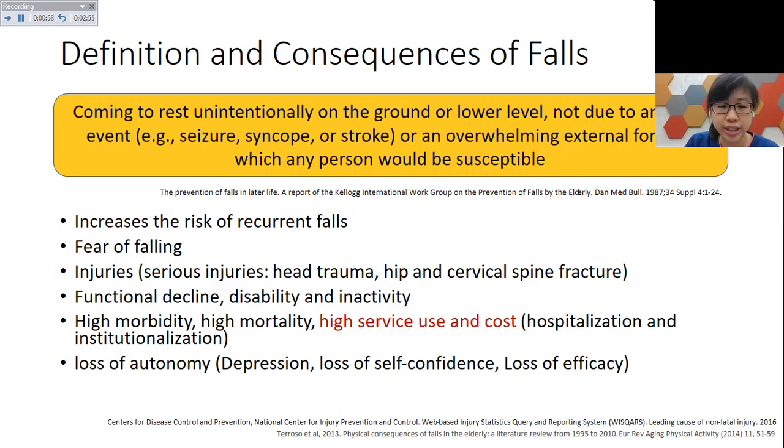It results in functional decline, disability, and inactivity. It poses high mortality and morbidity, increases the cost of service use as well, and it also results in a loss of autonomy from depression, loss of self-confidence, and loss of efficacy.